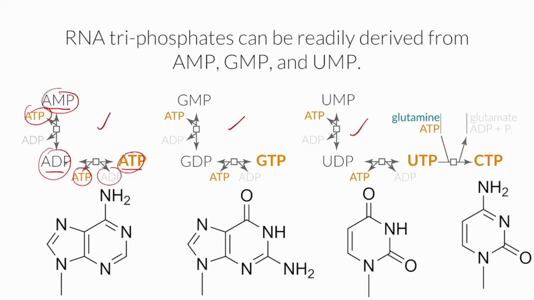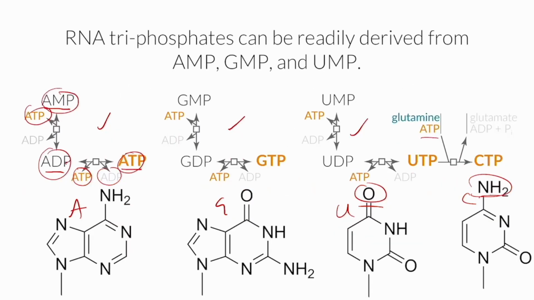And then to get to CTP, so we can get all of our RNA bases, our A, our G, our U, and our C, we do actually have to invest in ATP and a glutamine to convert this. It's actually not a transamination reaction because it's not a keto acid, but it looks a lot like a transamination reaction, right? We swapped out a carbonyl for an amine.